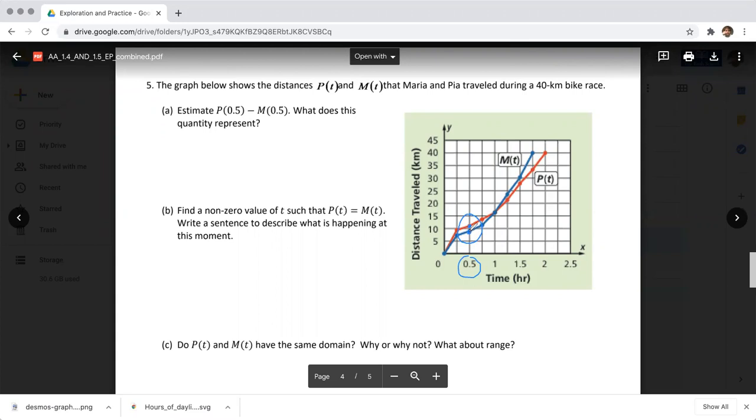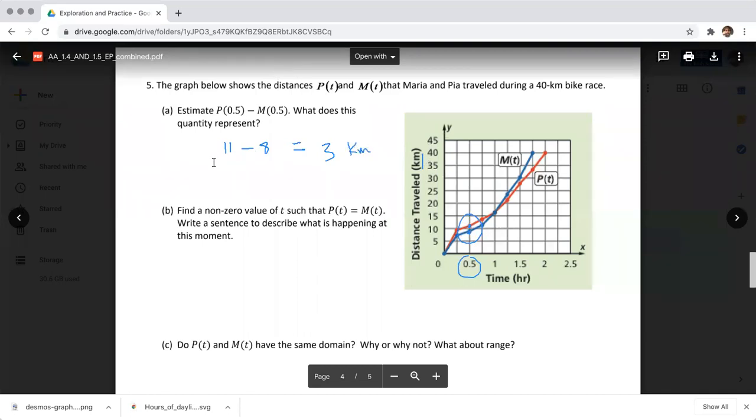So it looks like P of 0.5, oh no, sorry, P is the red one. So P of 0.5 looks like it's about 11, and M of 0.5 looks like it's about 8. You might have estimated differently, that's okay. But this looks like it's gonna give us 3, and the units of y, this distance, is kilometers.